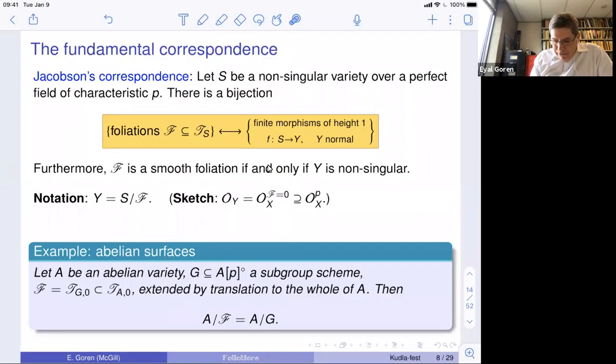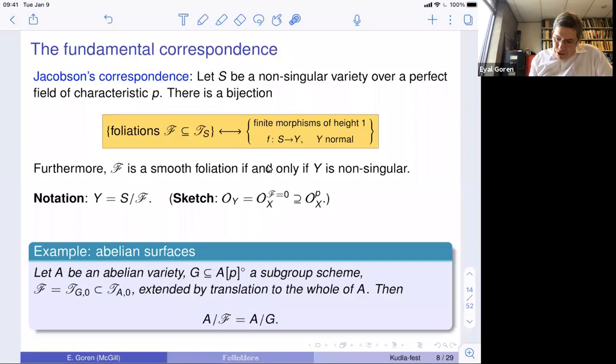And we let F be the tangent space for this group scheme at the origin. That's contained in the tangent space of the abelian variety at the origin. But we promote it to a foliation again by using translation by the group elements. So this tangent space at the origin, by translating, gives us a tangent space at every point, and the whole thing fits into a subsheaf of T, which is closed under Lie brackets, etc.